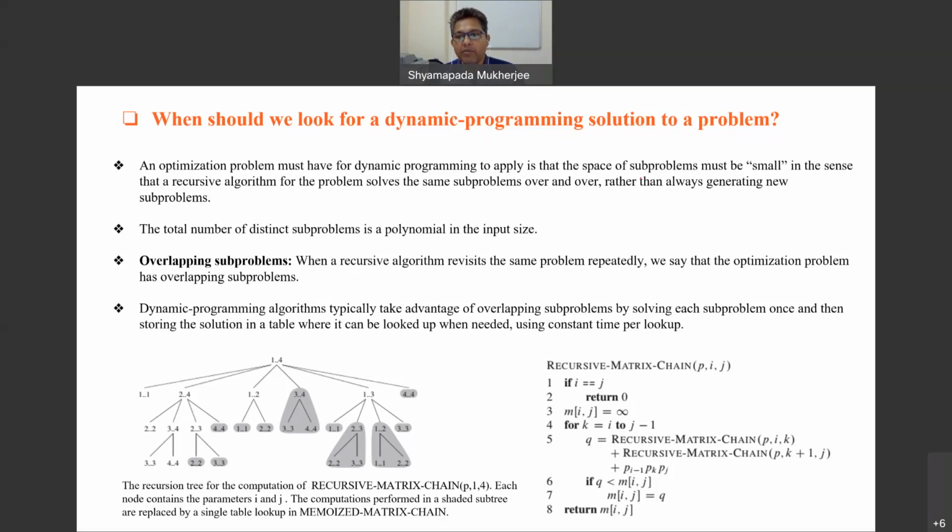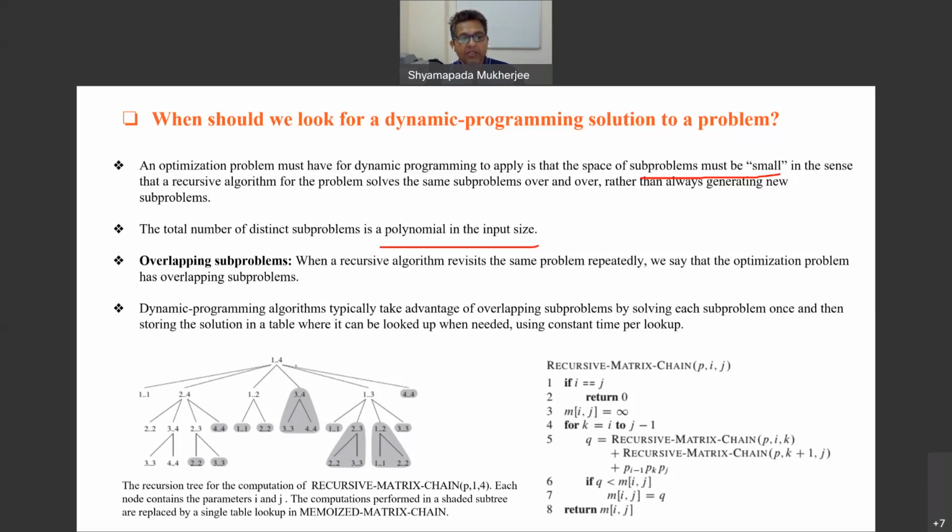So the subproblems must be small, and the number of subproblems should be bounded by a polynomial in the input size. And as I said, overlapping subproblems means the same subproblem may appear in multiple subproblems. Then instead of solving the same subproblems again and again, we can solve once and store in a table, and then use it by looking up the table when we need.